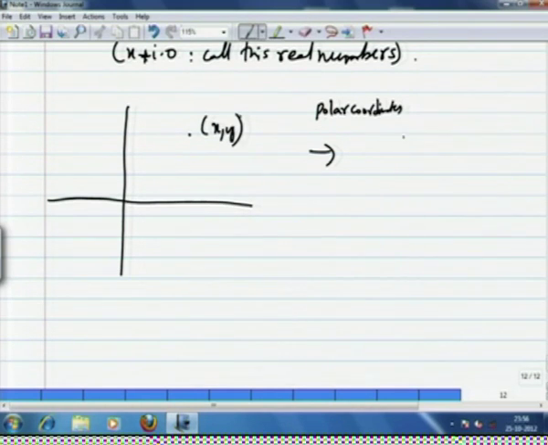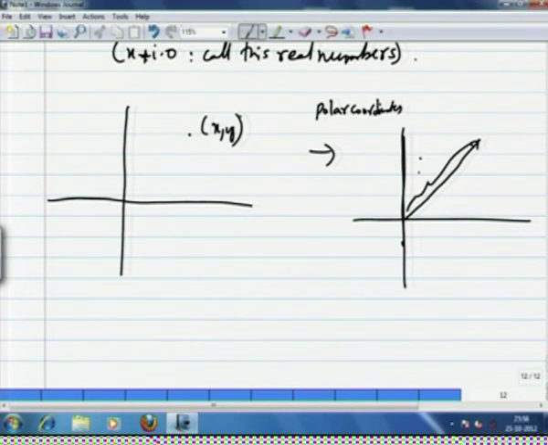Using polar coordinates we had a representation of this point as (r, theta), where r refers to the length of this vector, which starts at the origin and ends at this point (x, y). It is the length of that line segment, and theta was the angle of opening with the positive x axis.